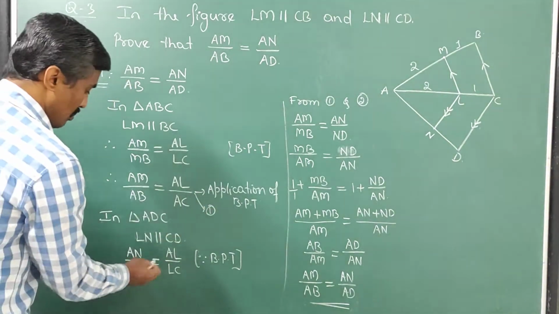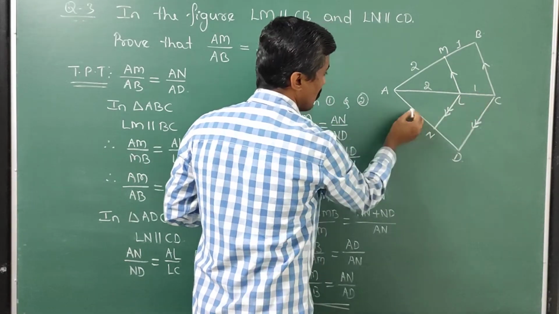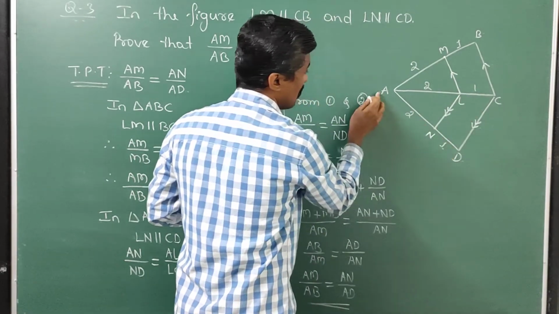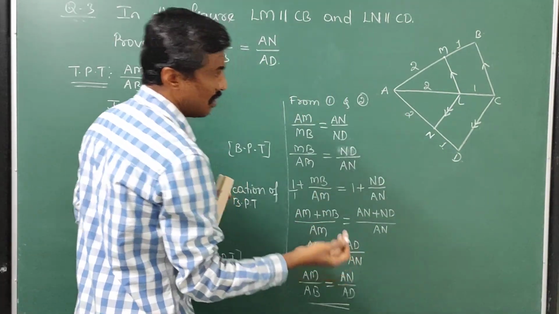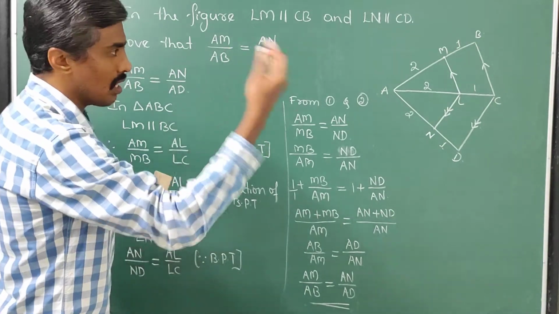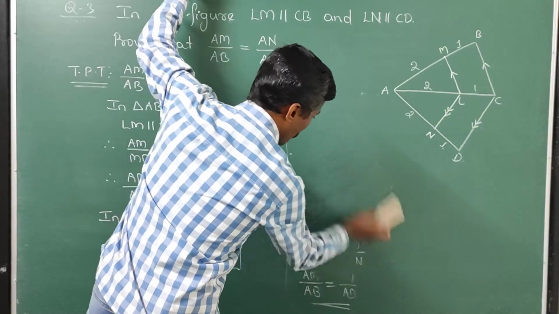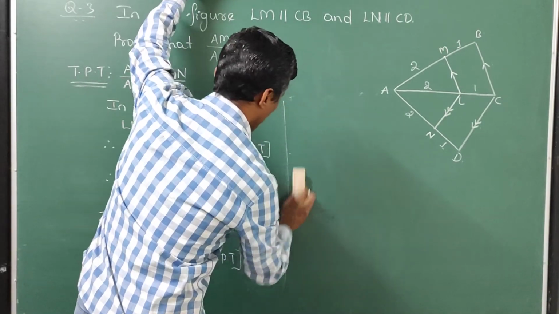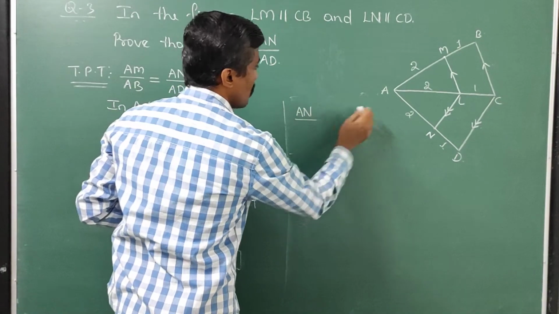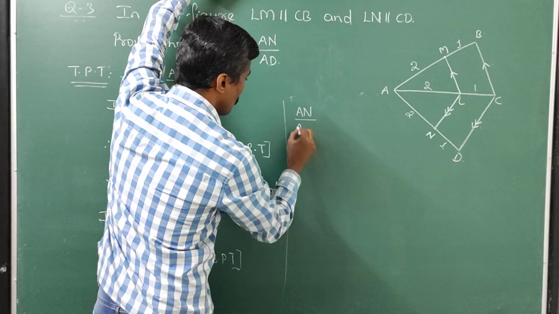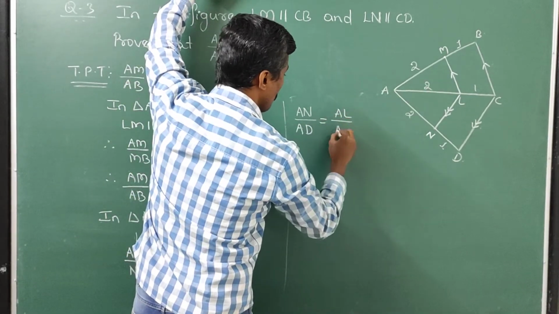Once again, if it is 2:1, then it is also 2:1. So 2/3, that is AN by AD is equal to AL divided by AC, correct? AN divided by AD is equal to AL divided by AC.